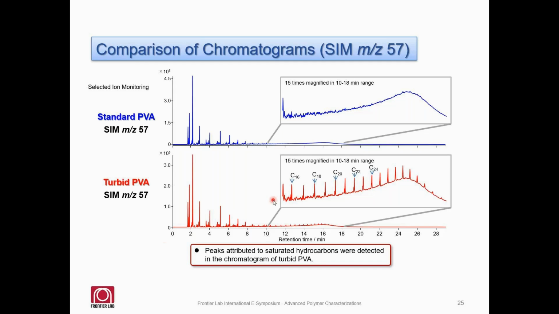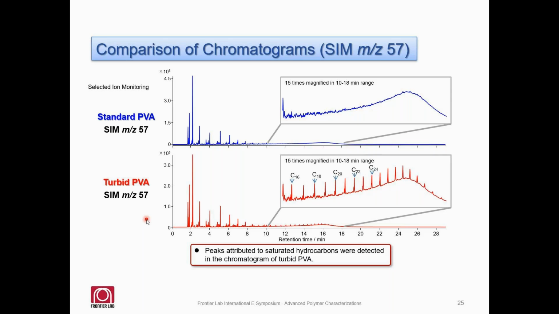And here you could clearly see an alignment of hydrocarbons appearing in the turbid PVA, whereas in the standard PVA there is nothing. So this means the turbid PVA contains some kind of hydrocarbons which are coming from some particular compound.